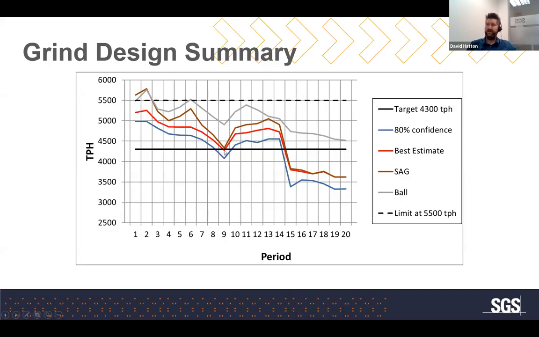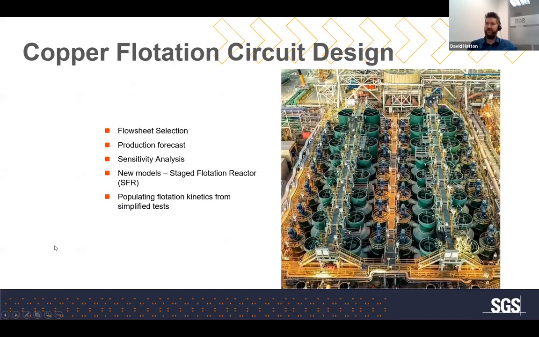You can see now, even though the SAG mill is still a determining factor on year 9, we now have our best estimate almost exceeding our target. And so we can play around with this and we can vary various parameters. This is going to a 90% confidence. So to be more confident, obviously our results are going to go a little bit less in terms of the 90% confidence on throughput.